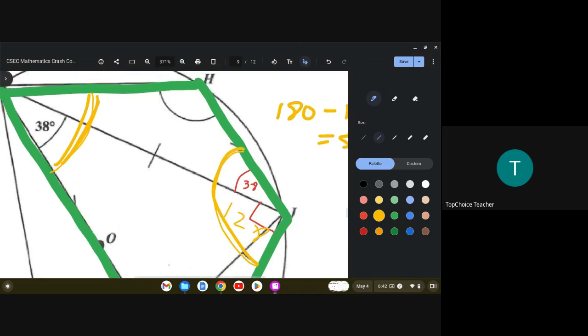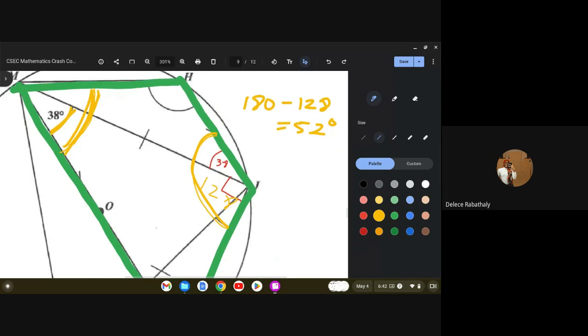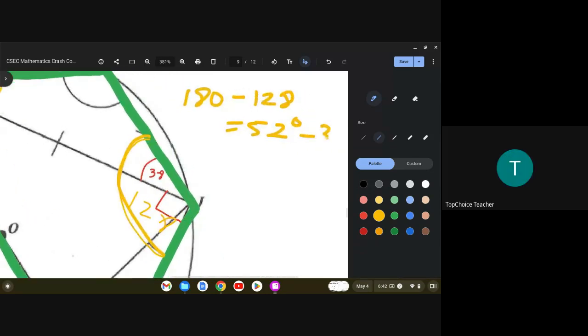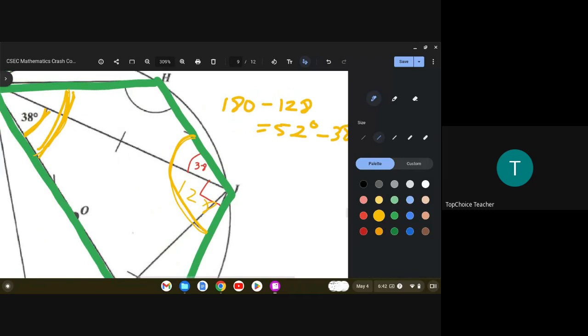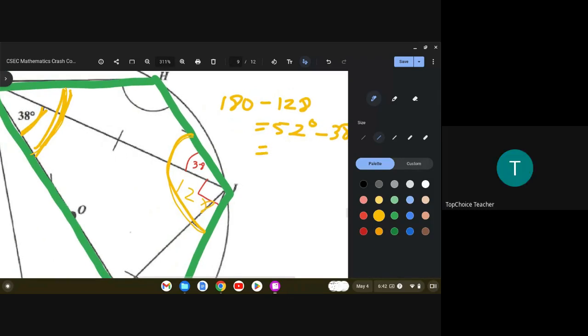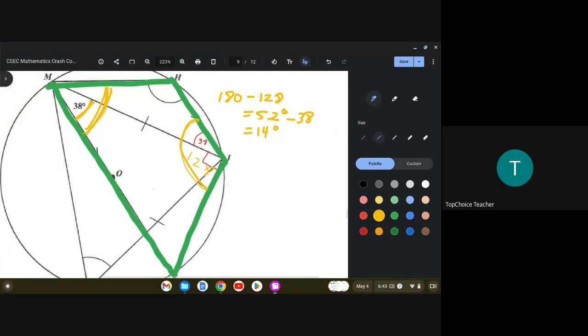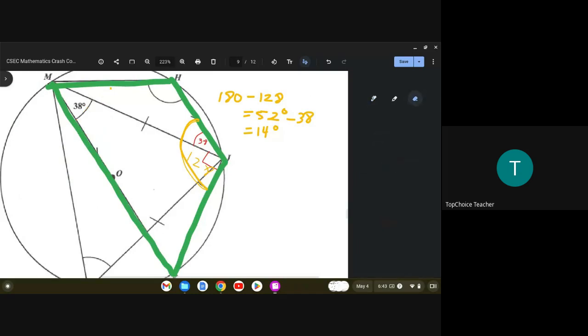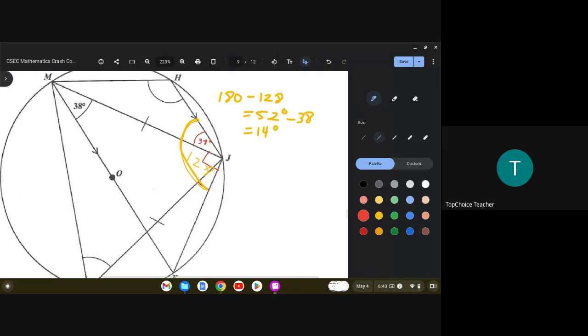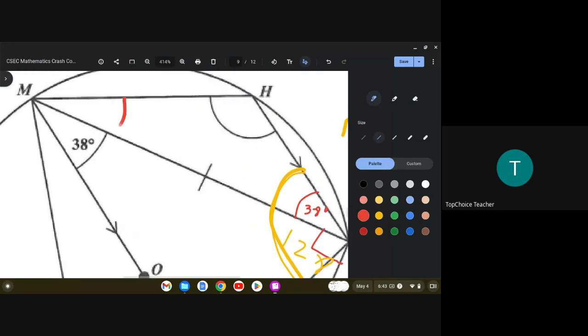So if this whole angle is 52 and this little portion is 38, how do we find the remainder? 52 take away 38 is what? 14 degrees. Okay, so now I'm going to erase some lines only because I need to clean up the diagram. The line we just figured out is this line here. They didn't ask for it, but we needed it.